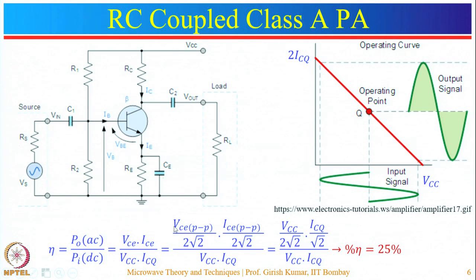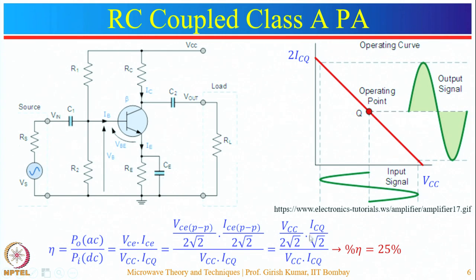Here we know that VCE peak to peak is equal to VCC. So just put these values in this expression, you will get the VCE RMS value as VCC by 2 root 2 and the IC RMS value as ICQ by 2 root 2, and here the 2 and 2 will cancel out. After simplifying, you will get the AC power delivered to the load as VCC into ICQ by 4.